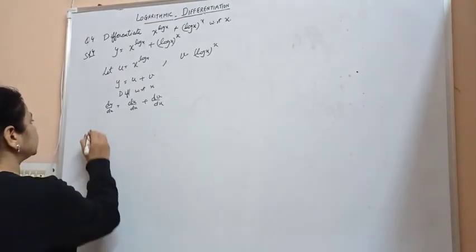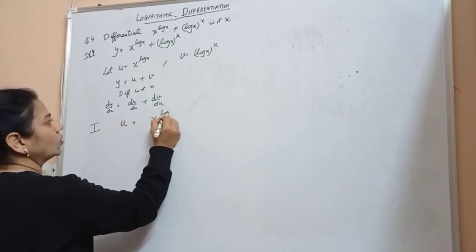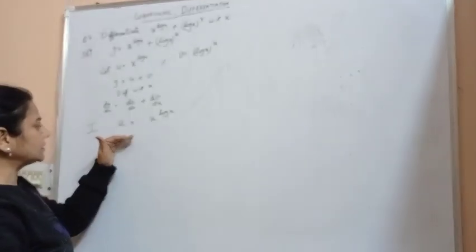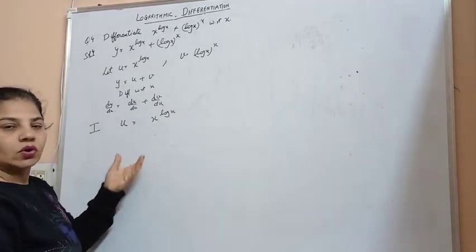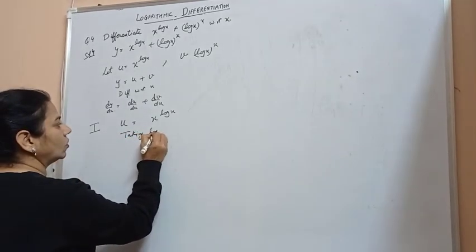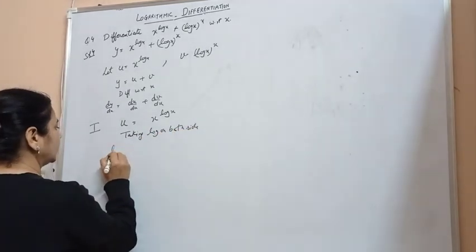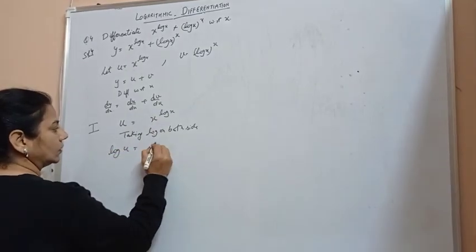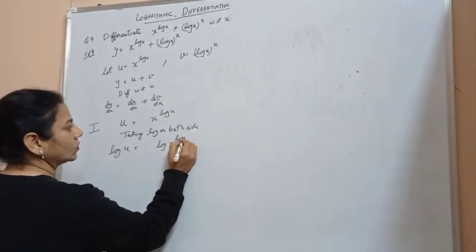My first step: first I will take u is equal to x to the power log x. Now before I differentiate this, I have function to the power function. So taking log on both sides, I get log u is equal to log of x to the power log x.